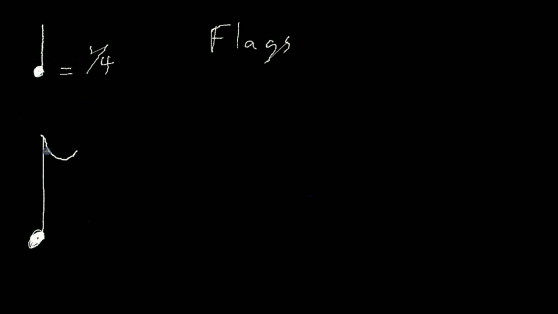This note down here, an eighth note, is consequently equal to an eighth of the time in a measure of 4/4. So you can divide any measure of 4/4 up into 8 of these things. Let me give myself a measure of 4/4 up here, and put in 4 quarter notes: 1, 2, 3, 4.